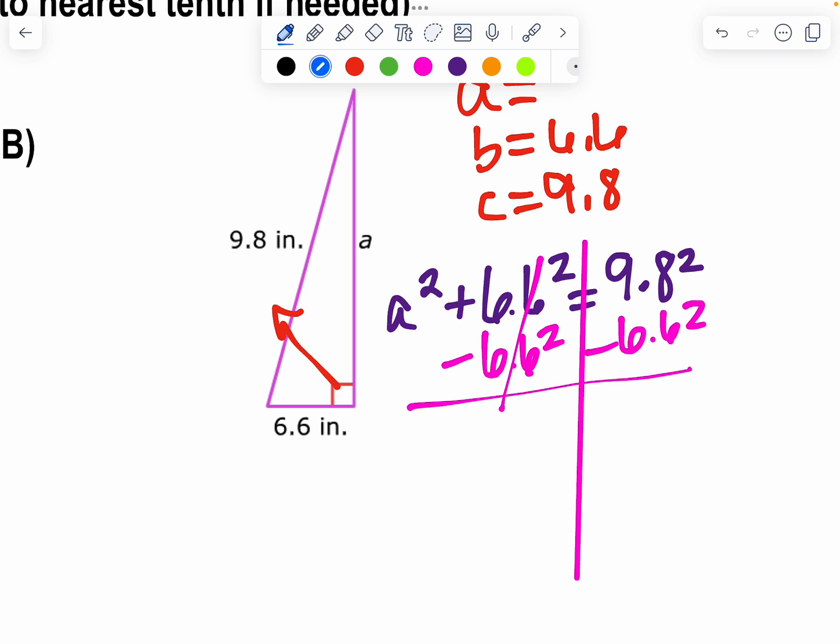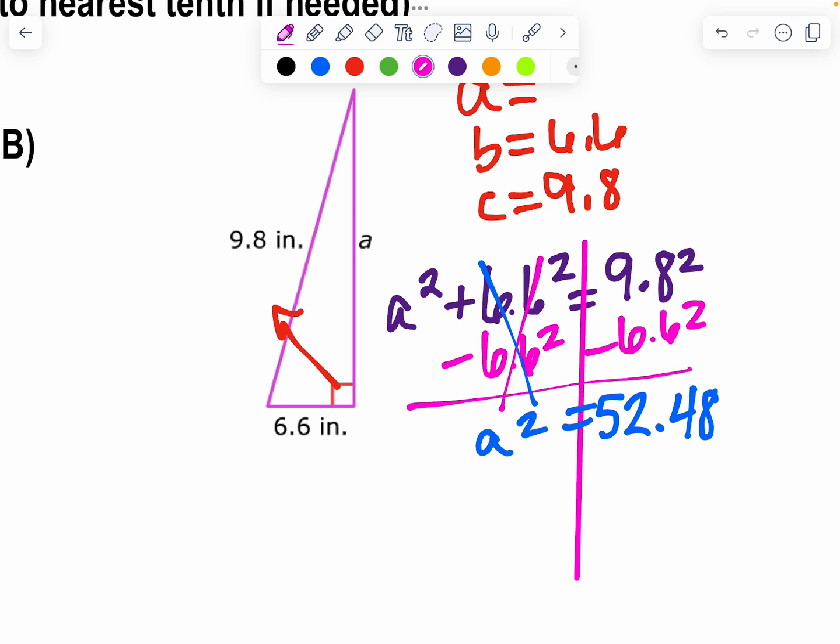So I'm trying to eliminate some steps for you. So those cancel. Now I'm going to put in my calculator 9.8 squared minus 6.6 squared. And I get 52.48 equals A squared.